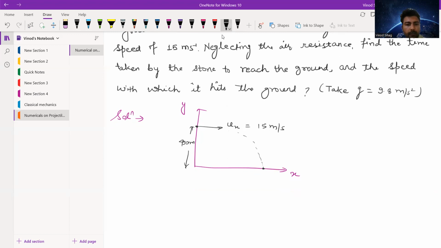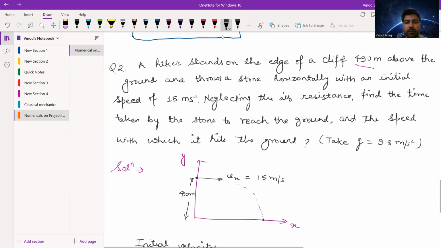So we will apply Newton's second equation of motion. Here, first of all, we should write the initial velocity. They are saying that the stone was thrown in the horizontal direction with some initial velocity, 15 meter per second.